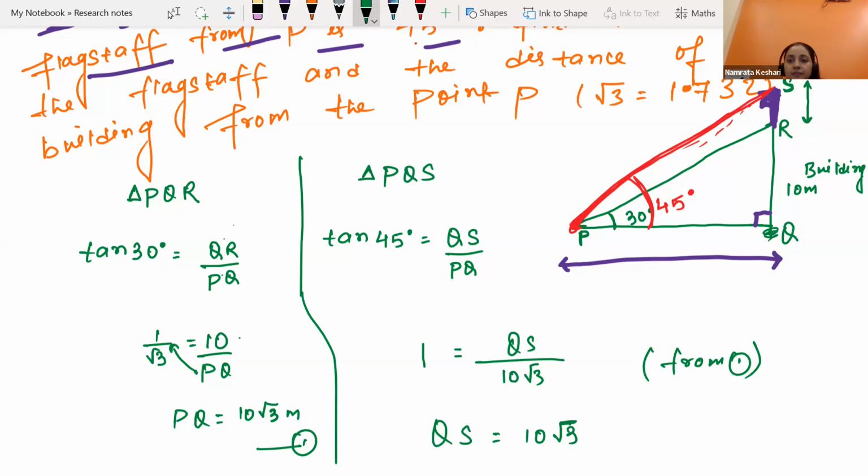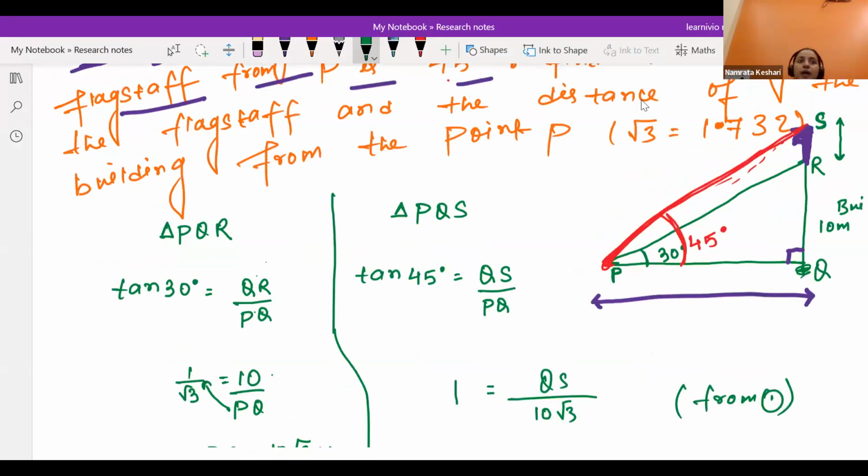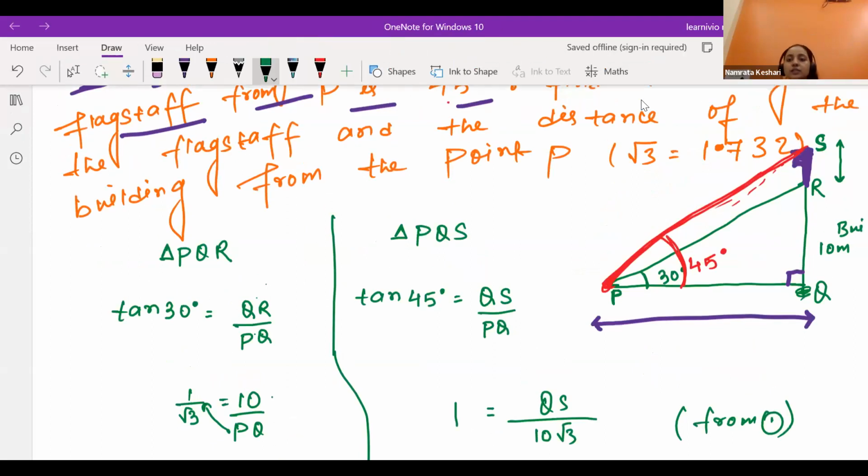Whenever we hoist the flag on the top part of a building, the flag is attached to a stick or a rod or a pole. That's called flag staff. That flag staff's complete length we have to find.